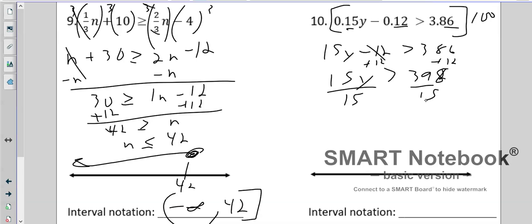Okay, so I'm going to do 398 divided by 15, which I cannot do in my head, so I'm going to use a calculator. And that gives me y is greater than 26.53 repeating, 33333. So I'm just going to leave it like that.